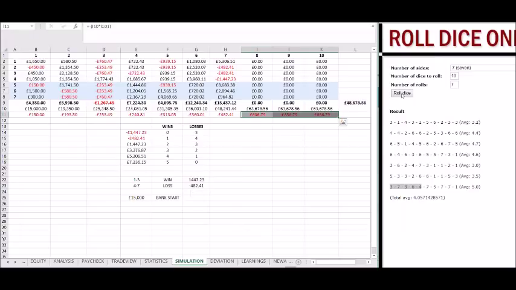So week 8, 3 wins. Three wins again for the second day. 2, 3, 4, 5. For the third day, there were 4 wins.